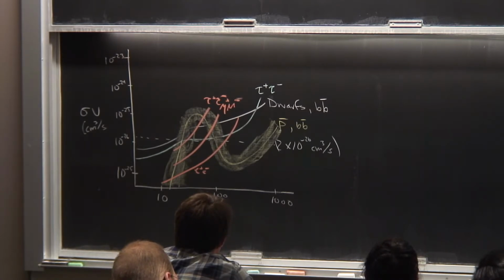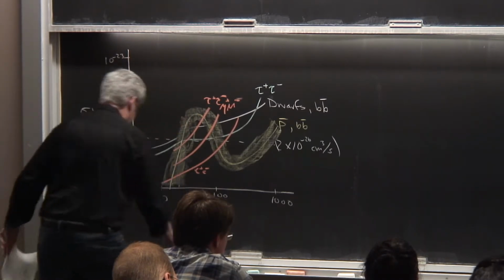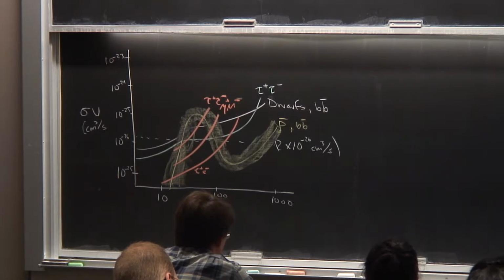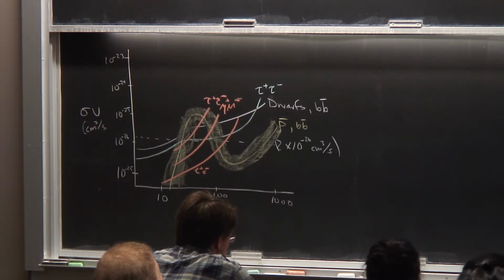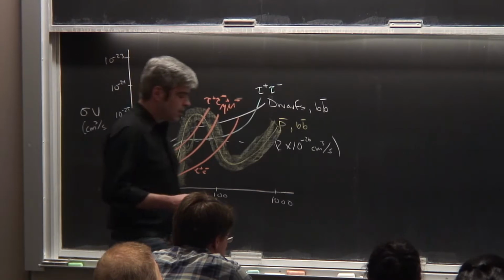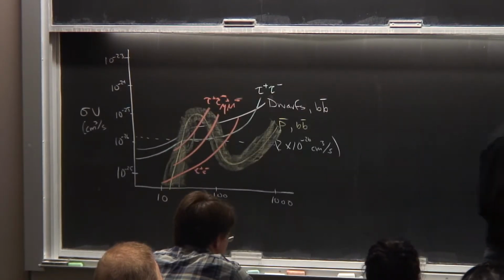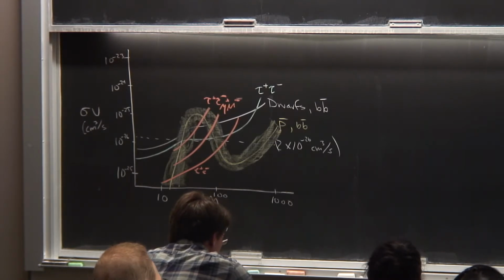Something we haven't talked about at all, but I would be remiss to not mention, is that if dark matter is light and annihilates efficiently in the early universe, it can have substantial impact on the process of recombination. So in other words, around the time that the CMB is forming, all this dark matter is annihilating, producing stuff that can go and reionize or prevent from recombining all these hydrogen atoms.